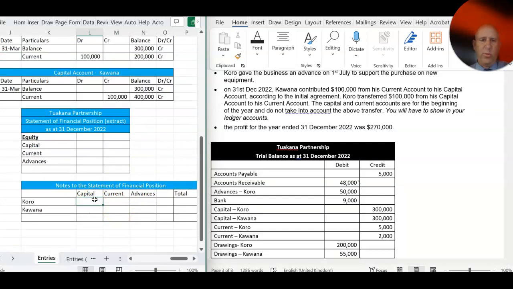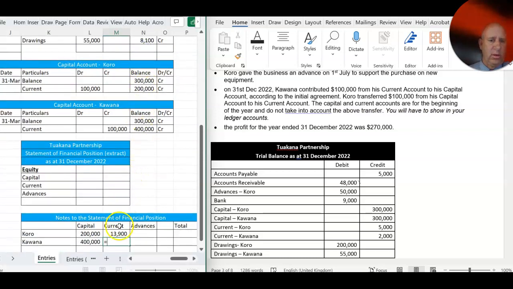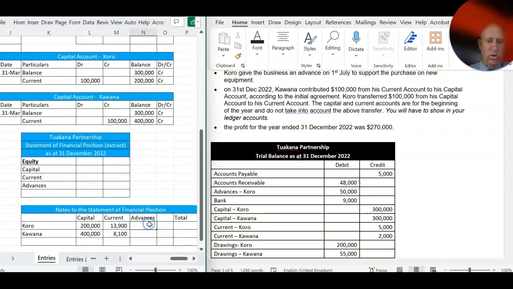So Koro will put his capital and Kawana's capital. The current for Koro, current. Just make sure these are credit balances. Koro's got that 50,000, and then we'll just sum.